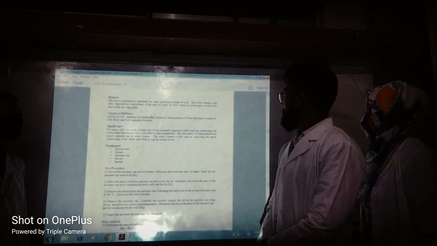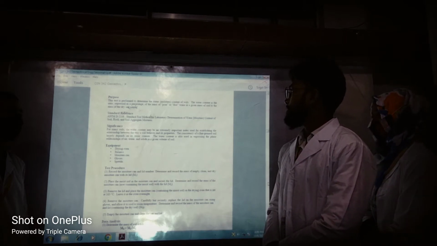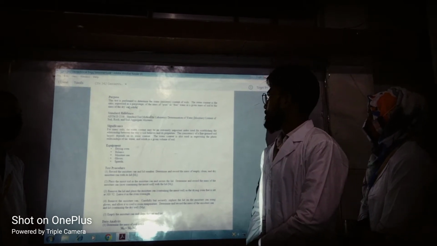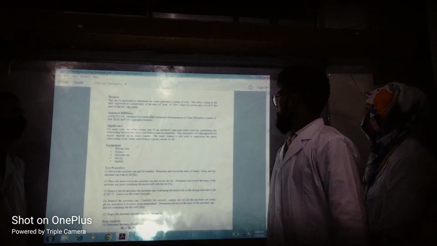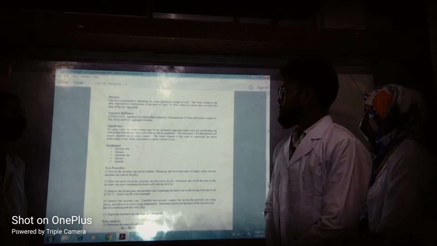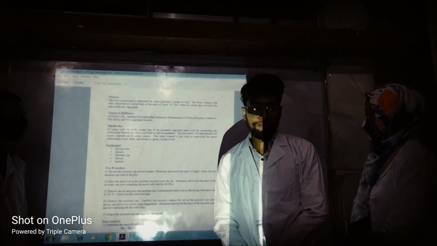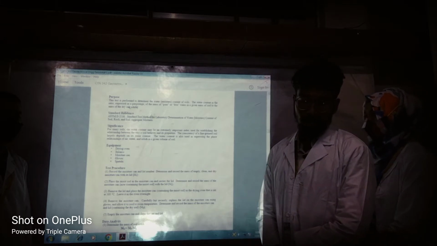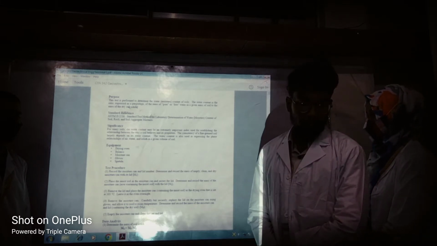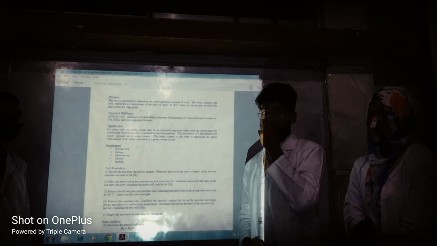The water content is the ratio, expressed as a percentage, of the mass of pore or free water in a given mass of soil to the mass of the dry soil solids. Basically we have to find how much free water and how much dry soil there is.